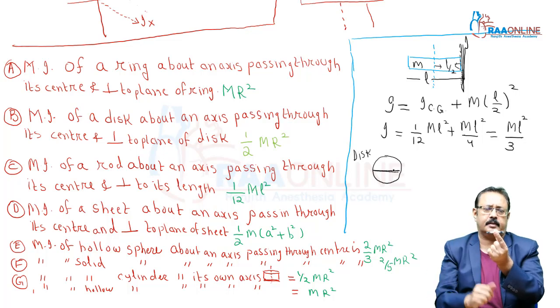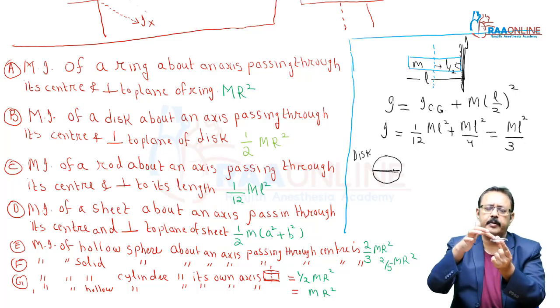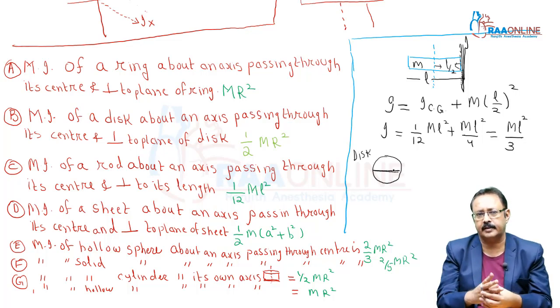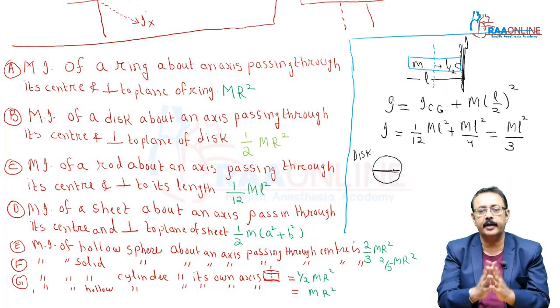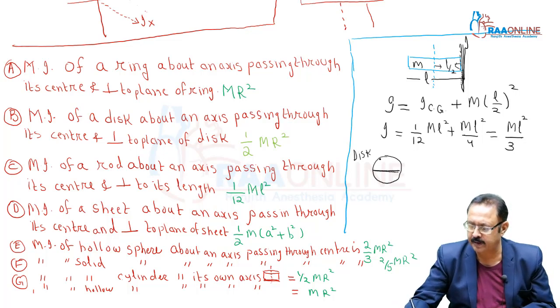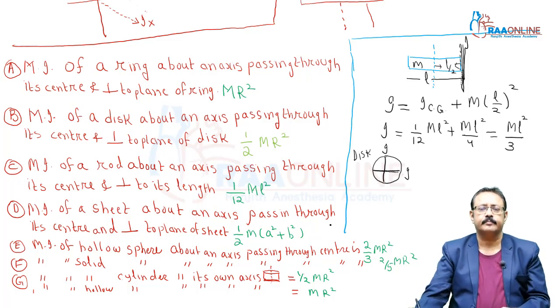The distribution of mass is the same for any diameter. So the moment of inertia about any diameter should be the same, because the distribution of mass is the same about any diameter. So I choose two perpendicular diameters. If the moment of inertia about this diameter is I, for this it should be I.